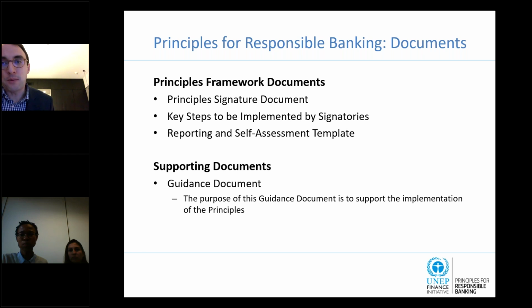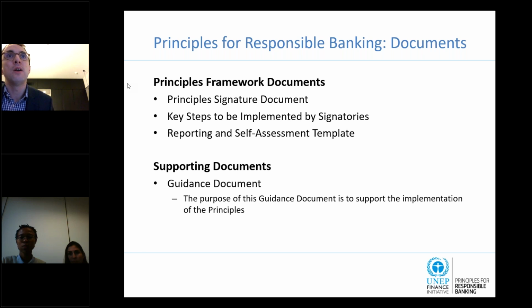Then there are the key steps to be implemented by signatories, which you can use as your checklist or action plan, and that's there to set out your steps along the path, the journey towards full implementation. Although, as you may have heard before, there's a ramping up period, and maybe up to 4 years to be fully implemented, really the core advice is to get stuck in now and to start as you mean to go on, to get some of the architecture of this set up.